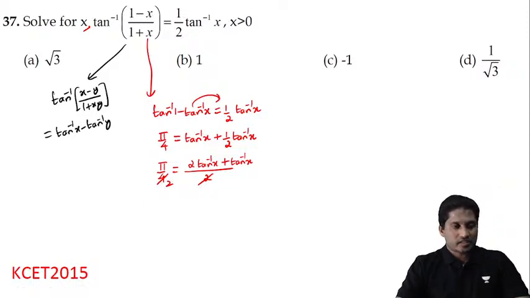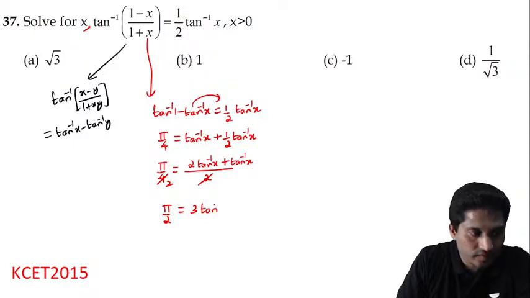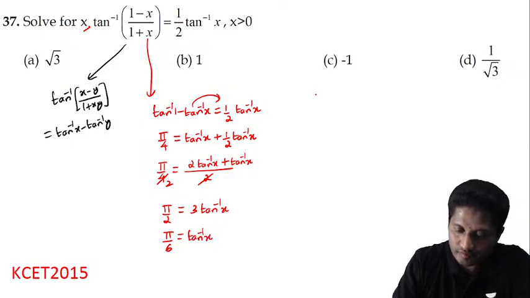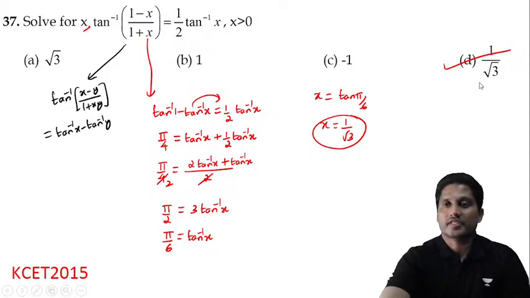Now I can write this as pi by 2 is equal to 2 tan inverse plus tan inverse, which is 3 tan inverse of x. Shift here, you get pi by 6 is equal to tan inverse of x. Now from this, x is equal to tan pi by 6, right? x is equal to tan 30. Tan 30 is 1 by root 3. Answer is option D. Let's move to the next question.